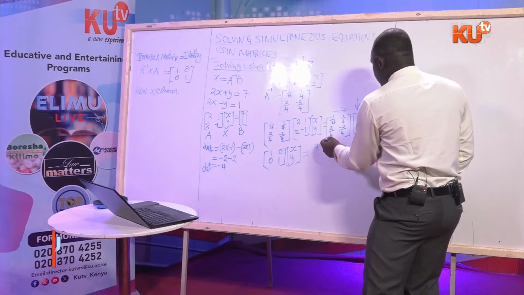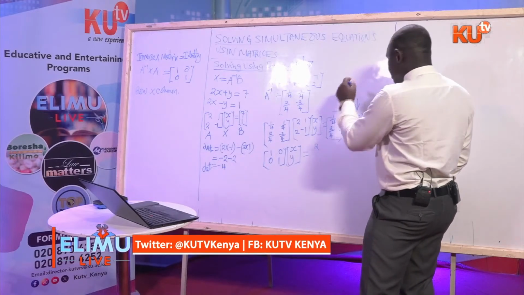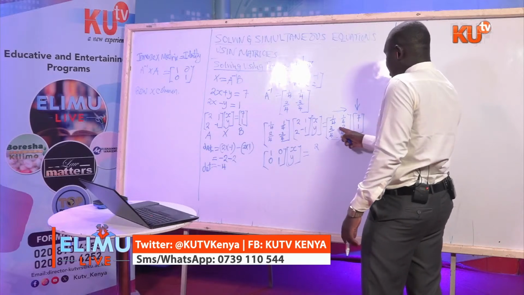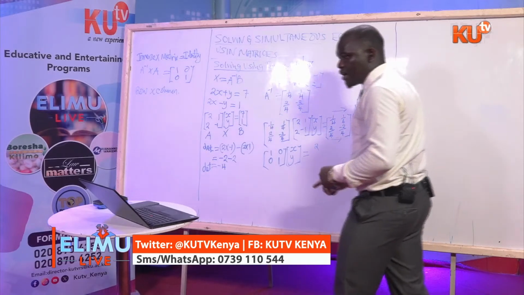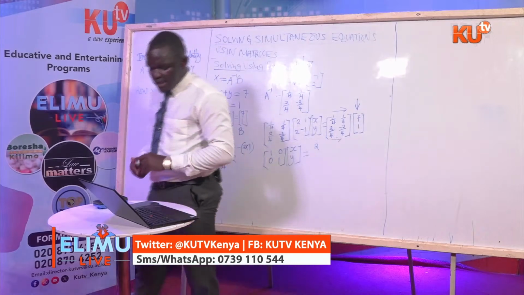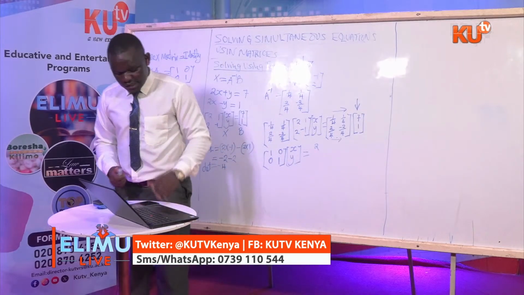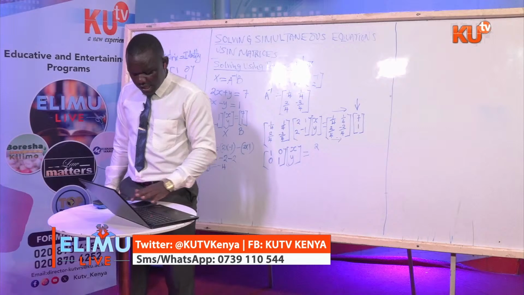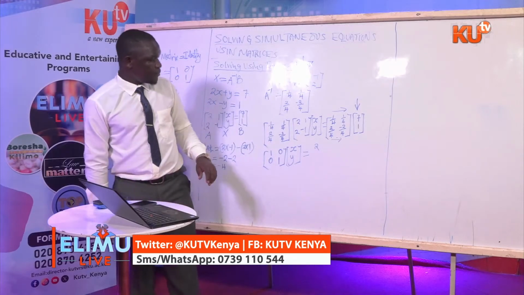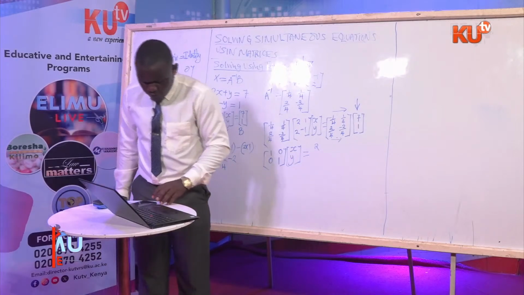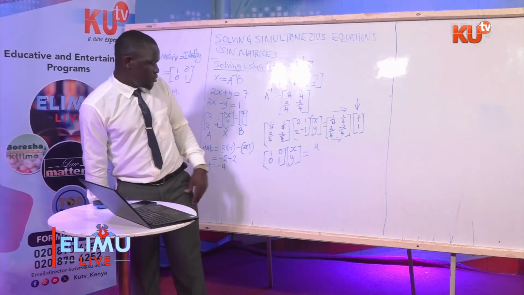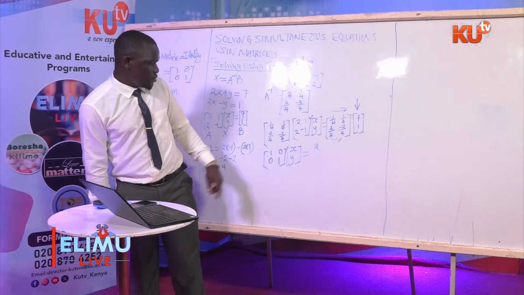I also do the second row. The second value is row times still the same column. So 2 over 4 times 7 plus negative 2 over 4 times 1. I will use my calculator again, dear learners. That will be now 2 over 4 times 7.